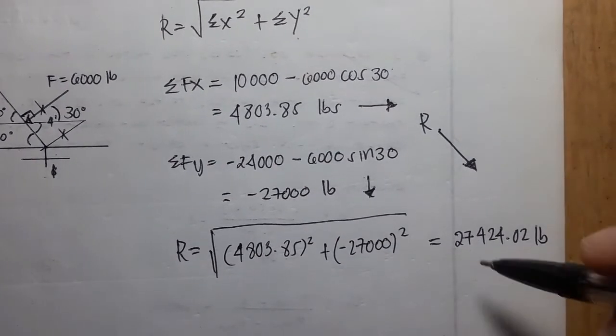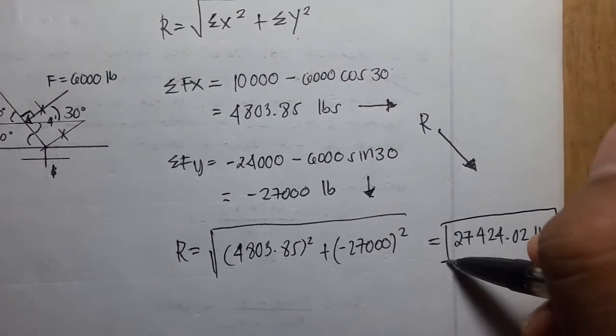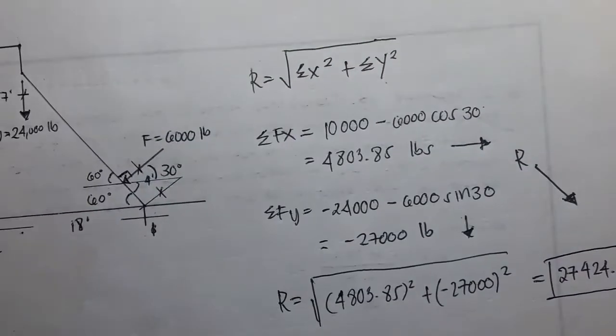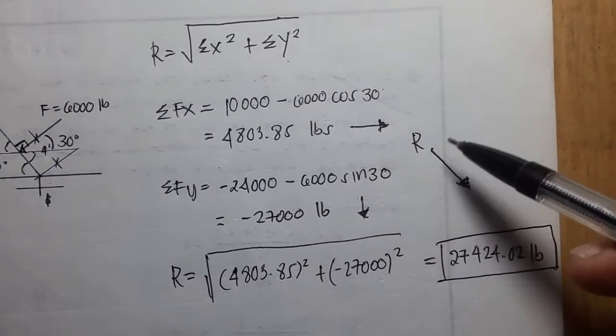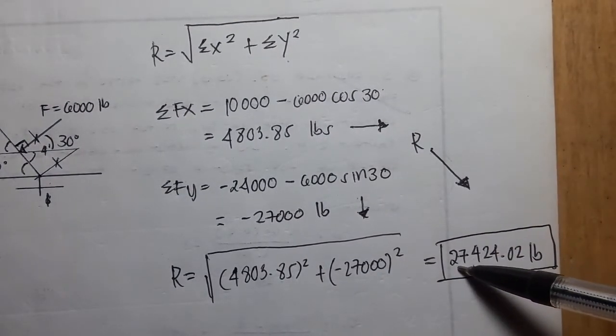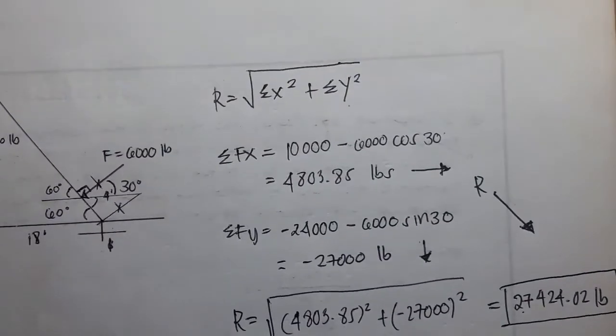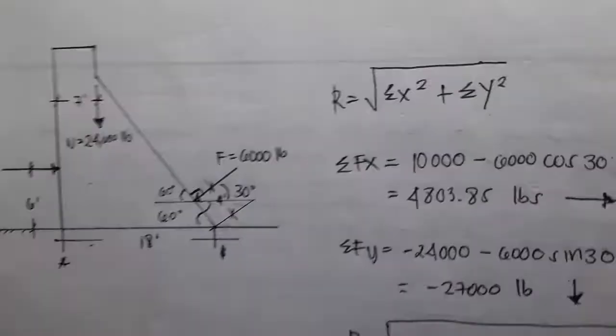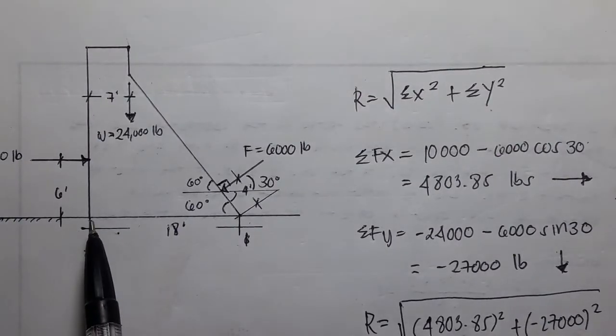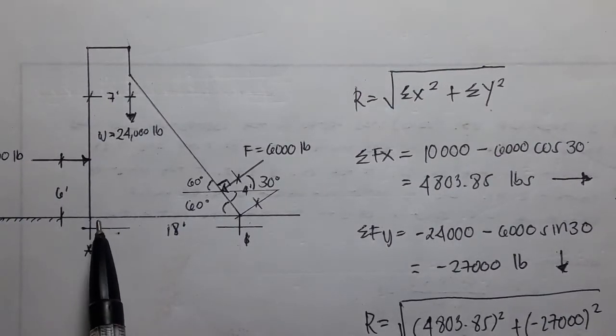So this is our resultant. We know that it is down right with a magnitude of 27,424 pounds, but we don't know yet the location of our resultant.